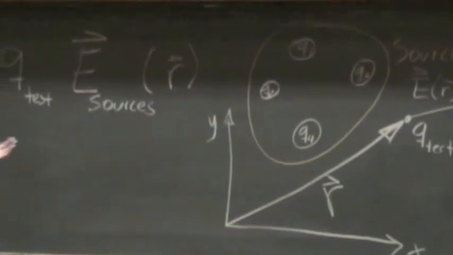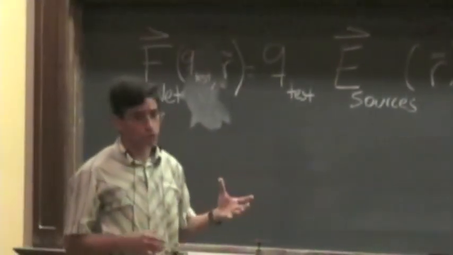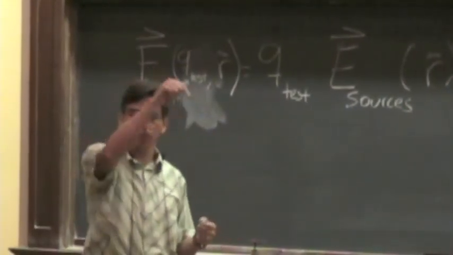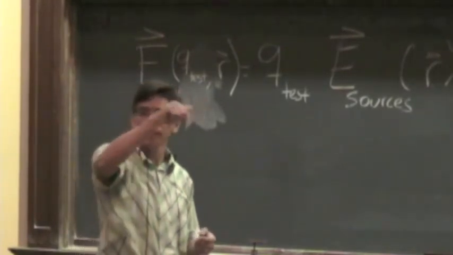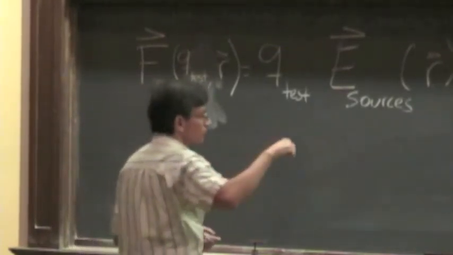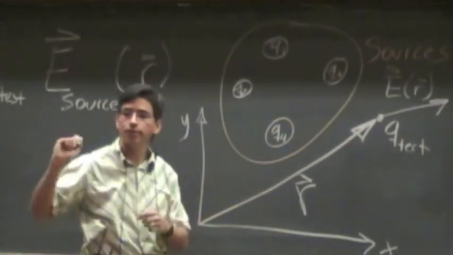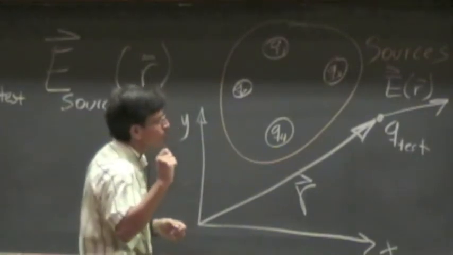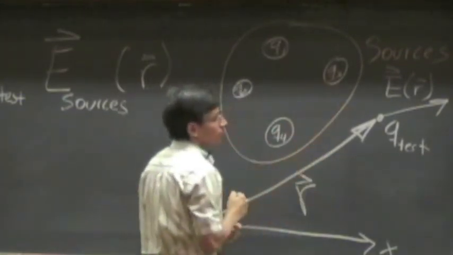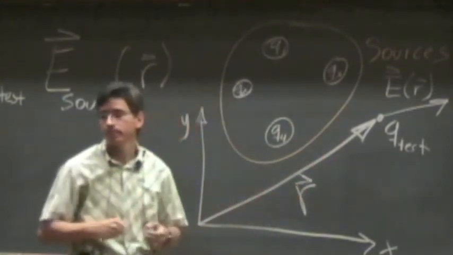So in this interpretation, the source charges are affecting space. Every point in space has been affected by these source charges. It's been given a quantity, a property. Every point in space has been given a property, right? And when you bring a test particle to that location, it feels that.